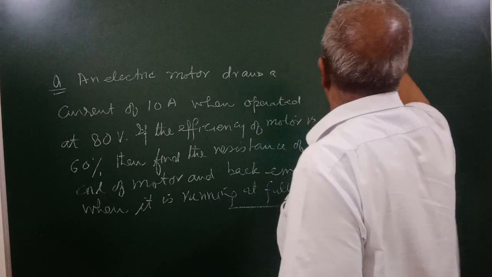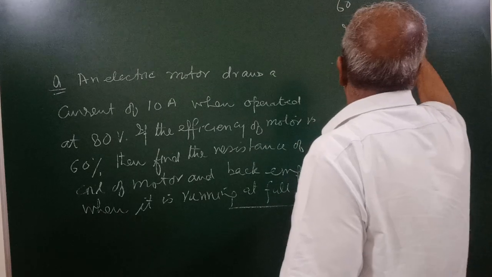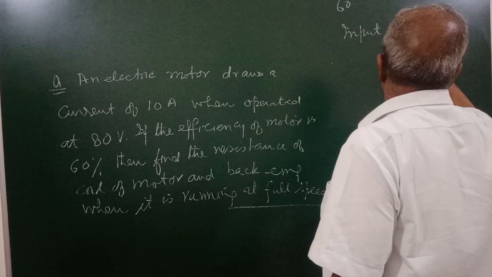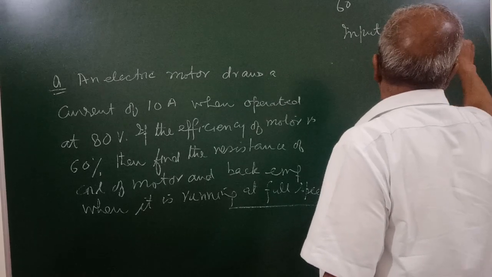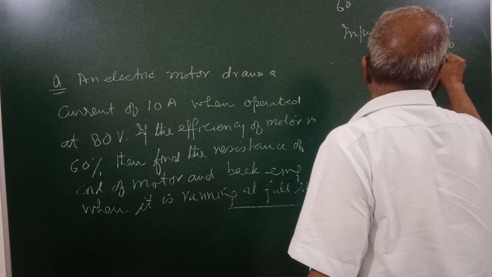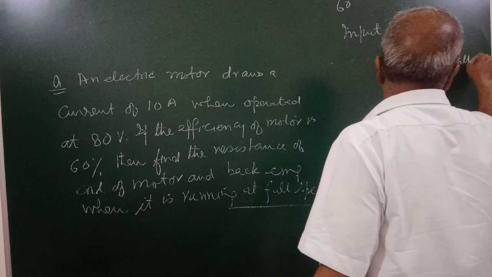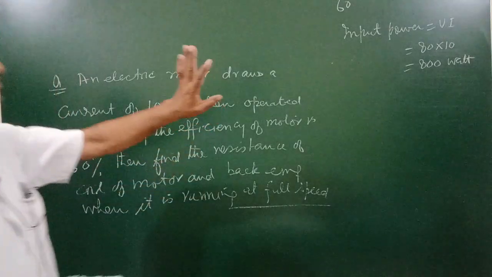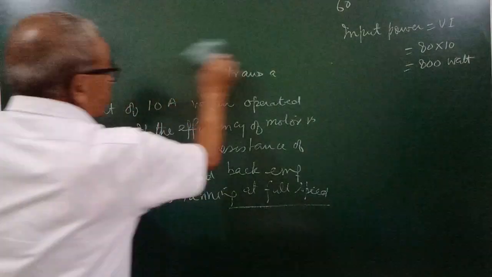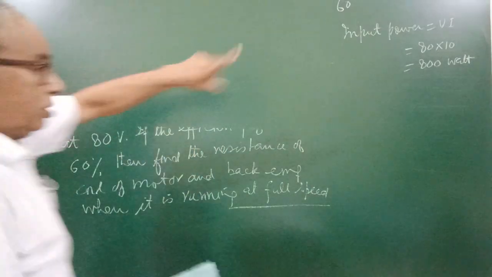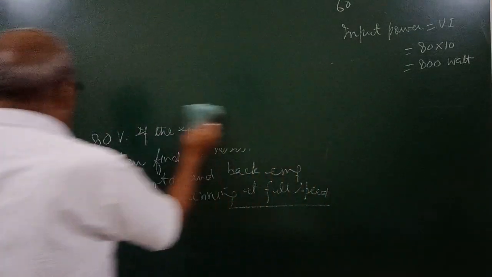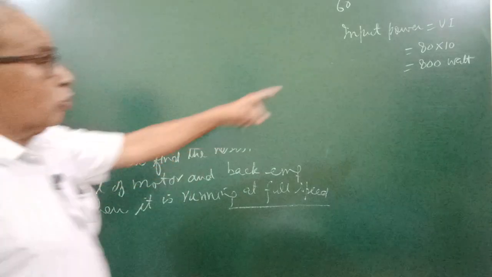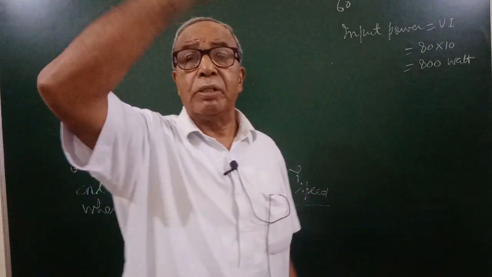Here the input power is VI, equal to 80 into 10, that is 800 watt. Power given to the motor is 800 watt. It draws 10 ampere current at full speed. So 60% efficiency means 60% of the power is converted into mechanical, rotational energy.